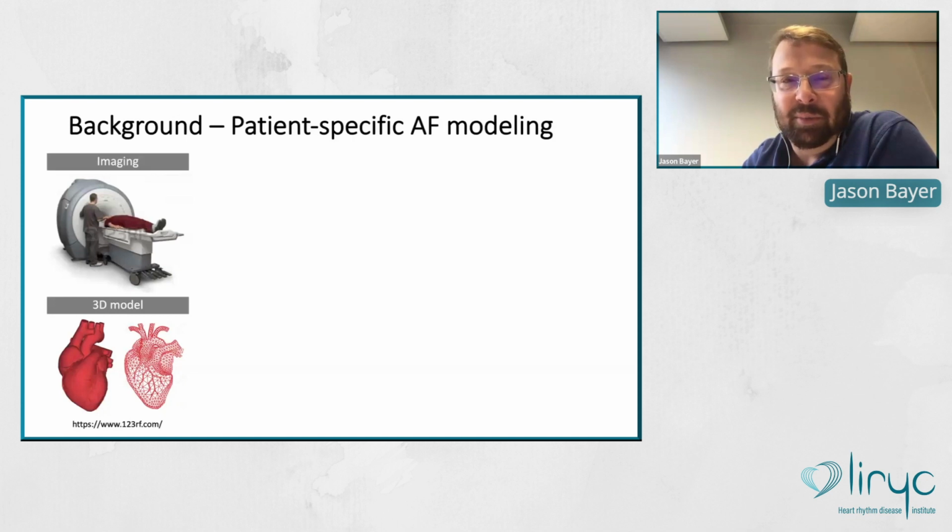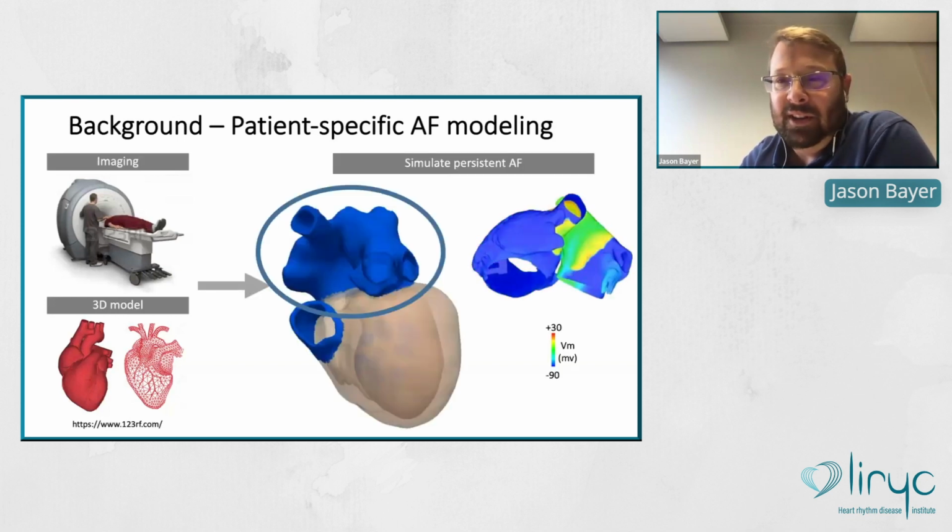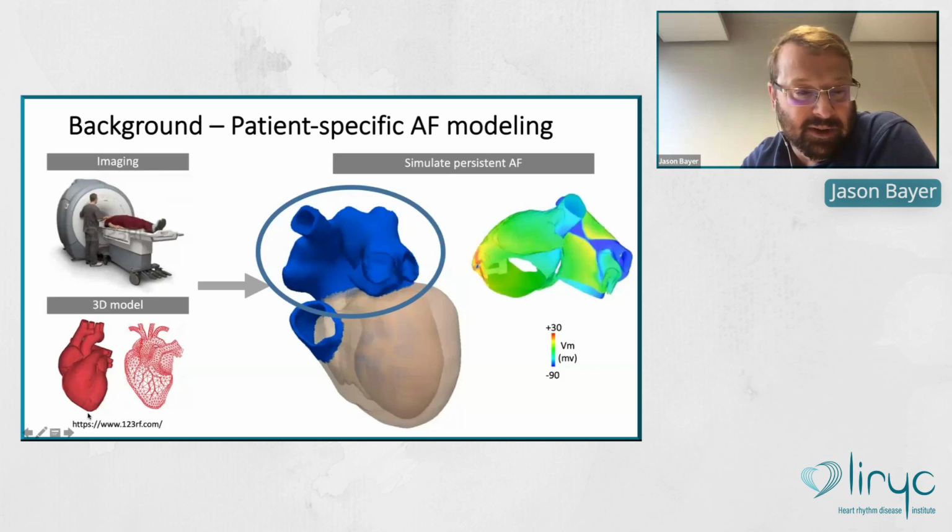The real specific part is the geometry, but you can also get information on fibrosis, and with mapping, you can get some information about the electrophysiology. And ultimately, at the very end, hold on, let me downsize this. There we go. Now I can see all my slides. And let me get my pointer.